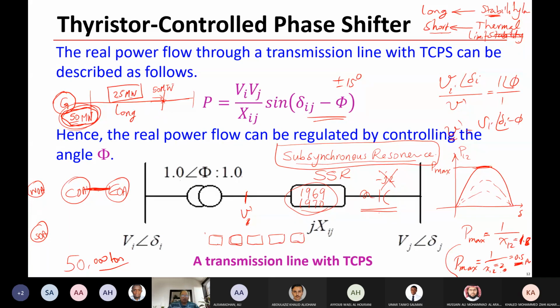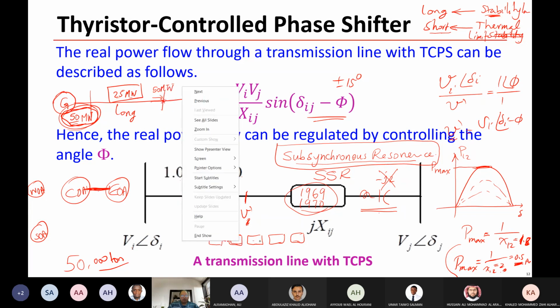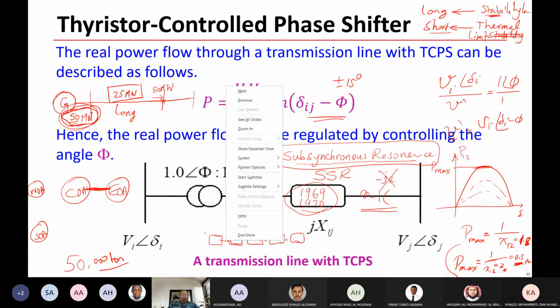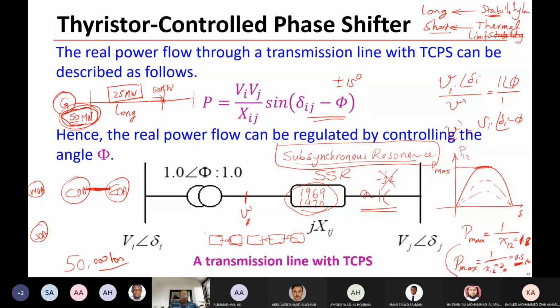All these have masses, and these masses are connected with springs, like a mechanical system. The shaft is not one part; it is several parts as such. And this system also has a resonance frequency.